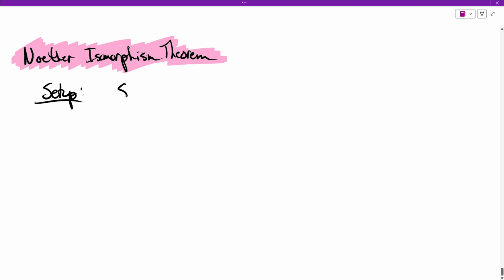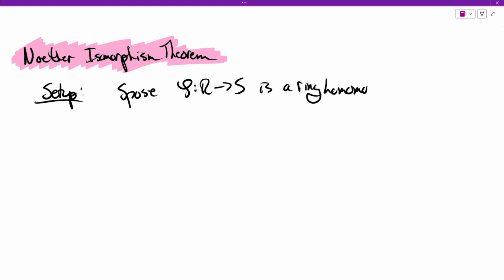So suppose that we have a homomorphism phi from R to S, a ring homomorphism. All right, so we showed a couple of things in the past.